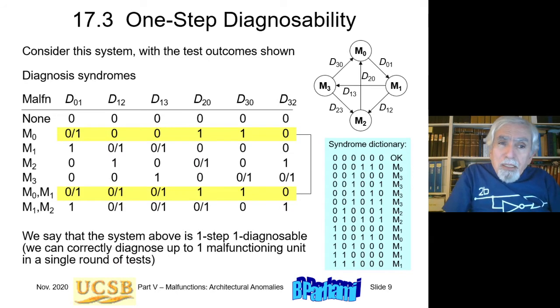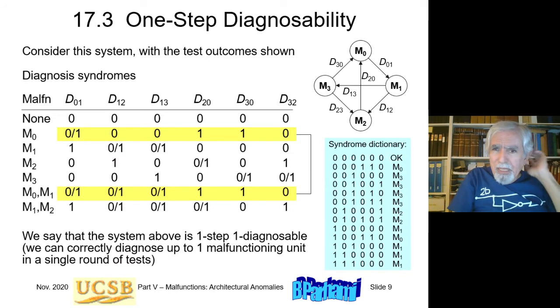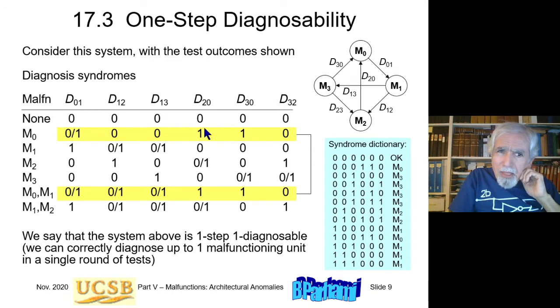Okay, so let's say we have this 4-module system and we have done a bunch of tests, and these are the outcomes. So D01 is the outcome of M0 testing M1 and so on. Of course, if all the modules are okay, then all of these test results should be 0.